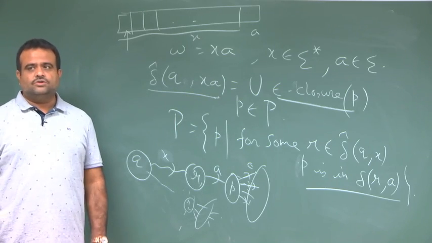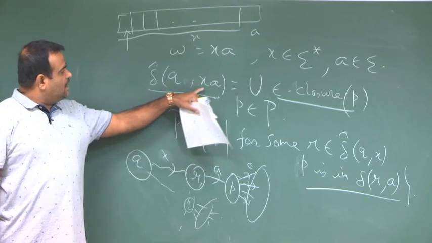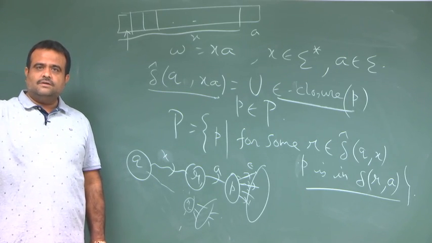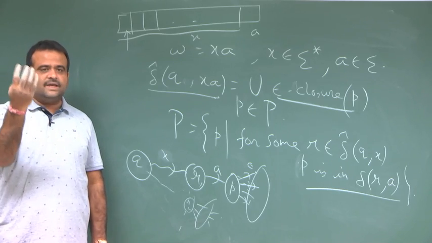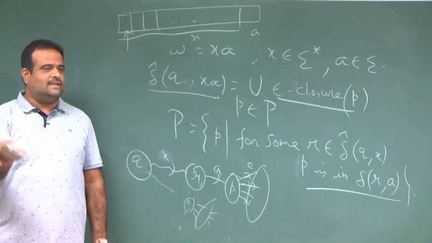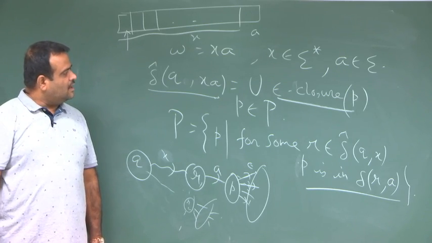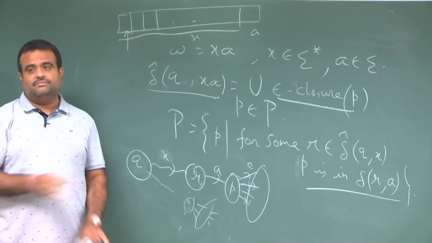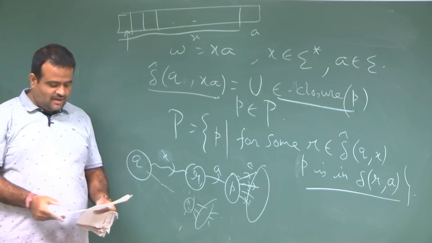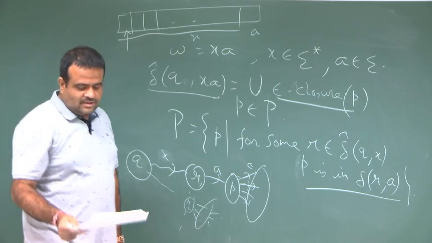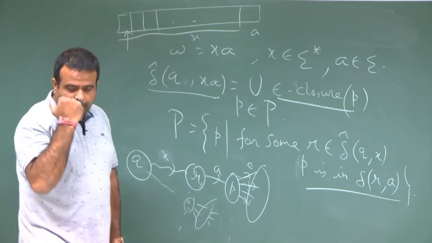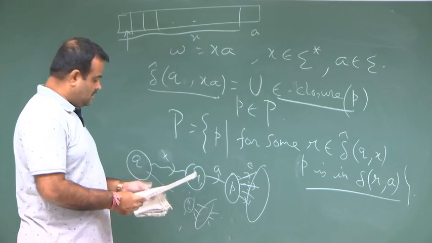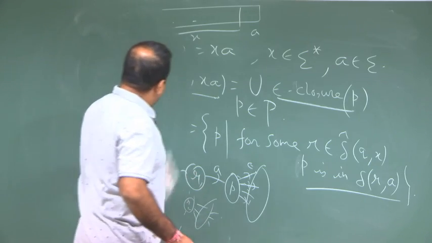So, delta hat of W means we just read the string, sometimes we do not take the input, we move, and then finally we reach some set of states, which include the epsilon moves in between. Many epsilon moves are going on inside. So, this is the way we define the delta hat.